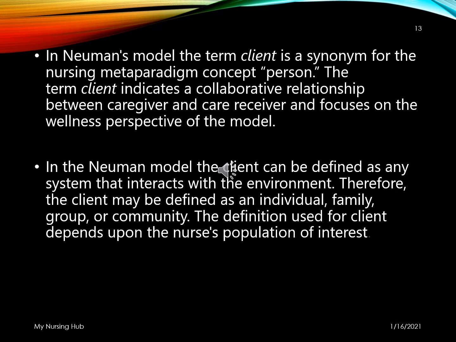If the problem is only in our family, such as the death of any person, then the family is the client. In the system model, the client is not only an individual; it can be a family or a community.